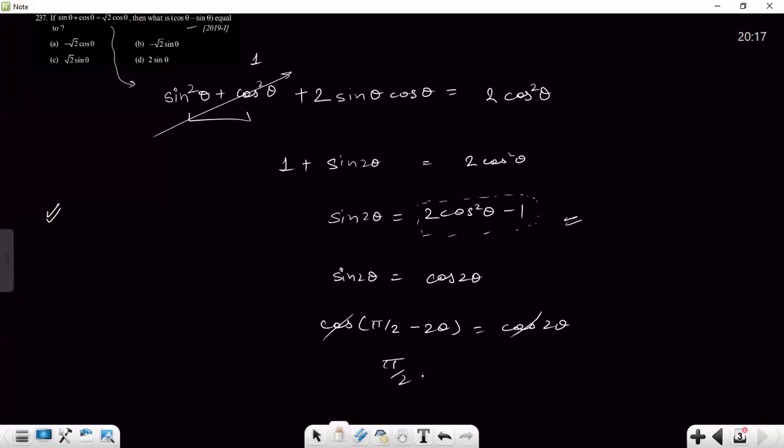Pi by 2 is equal to 2 plus 2, 4 theta, which says that pi by 8 is our theta. Pi by 8 is what? 180 by 8, right? 180 by 8 becomes 90 by 4, 45 by 2. So the angle is 45 by 2 degrees, 22.5 degrees.